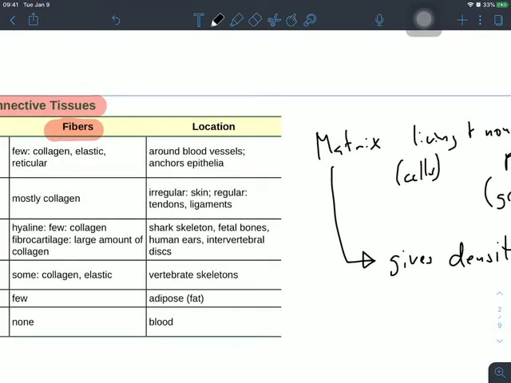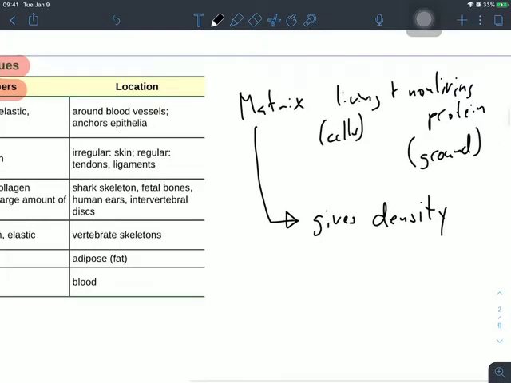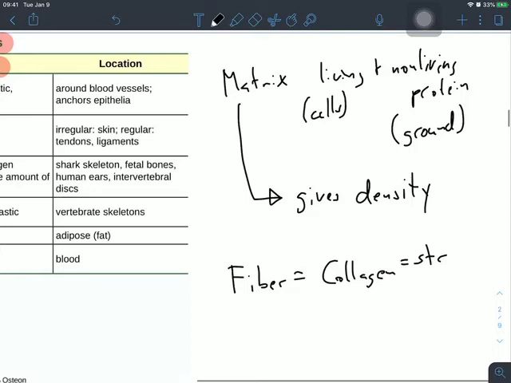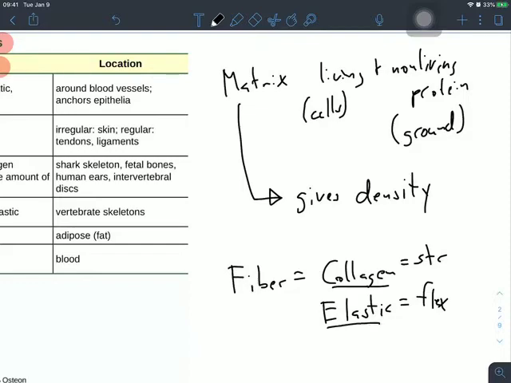The fibers that define connective tissue are of 3 different types. You can have collagen fiber, that provides strength. You can have elastic fibers that provide flexibility. Collagen's actually the protein. The elastic fibers are made of elastin.